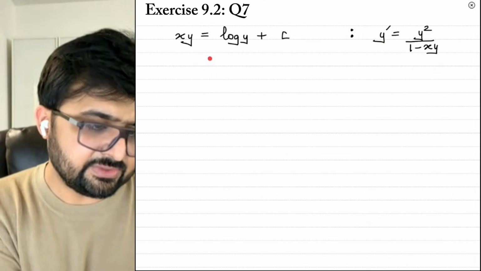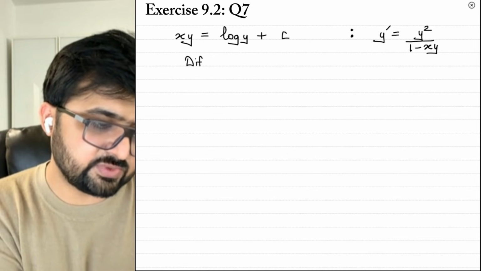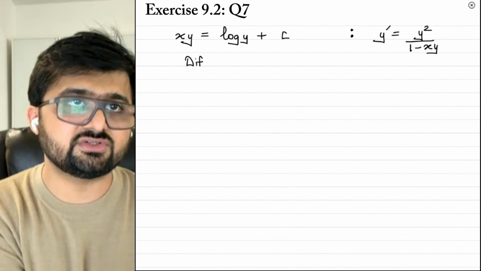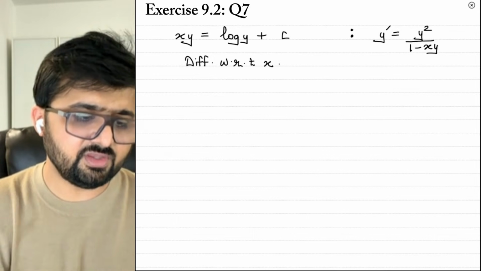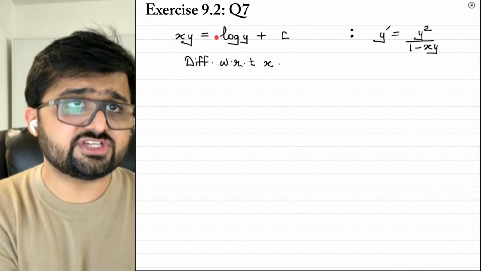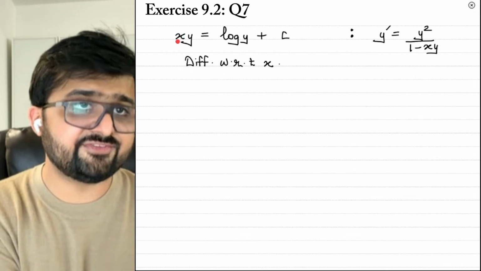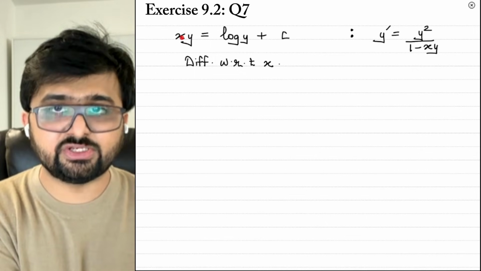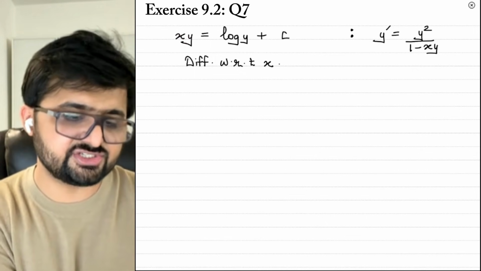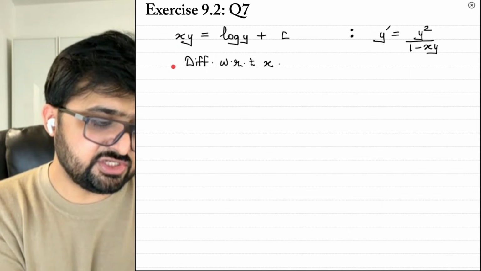Now let's differentiate this with respect to x. This is also an implicit function. Now we'll have to differentiate both the sides. Note that the left hand side is also x into y, so we'll have to use the UV rule or the product rule in derivatives.